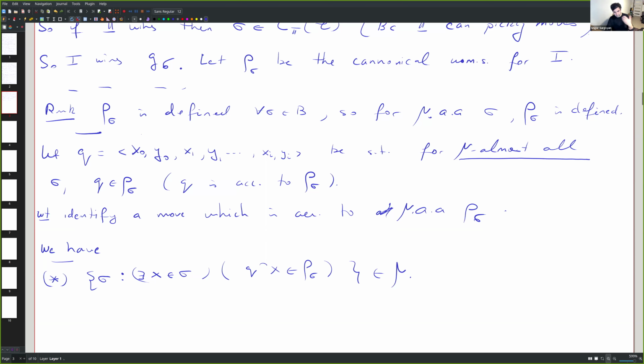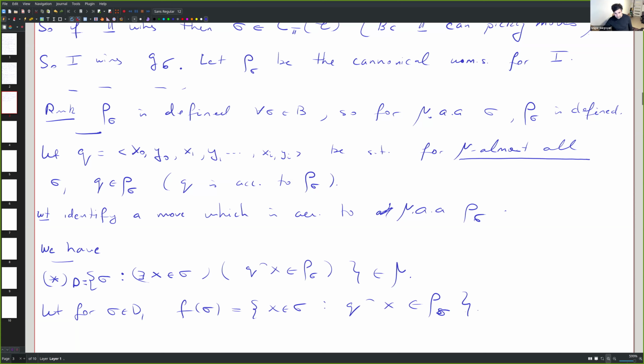Okay, so now we use normality, right? Let's call this set C. I already had something called C, so let's call this D. So for sigma in D, let f of sigma be the set of all X in sigma such that Q followed by X is in rho sigma.